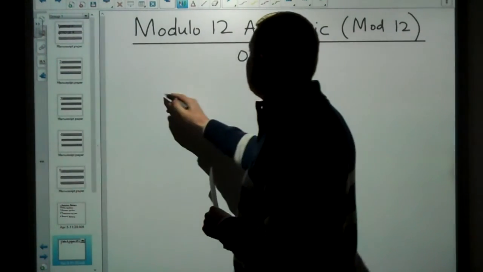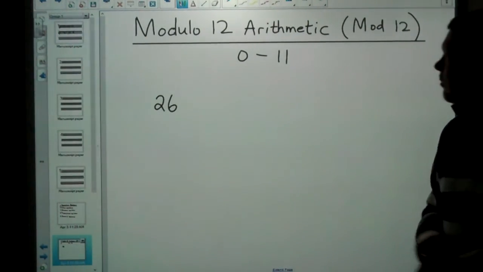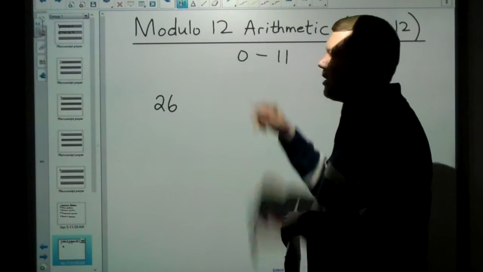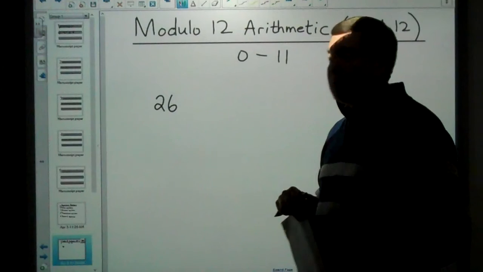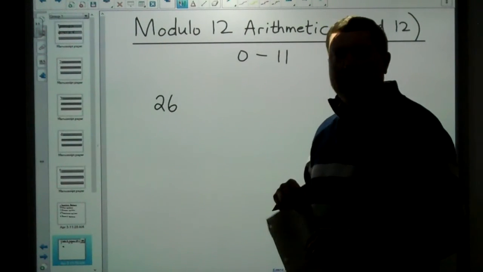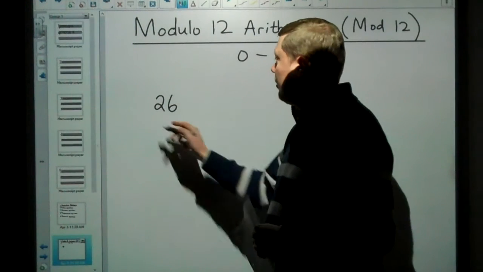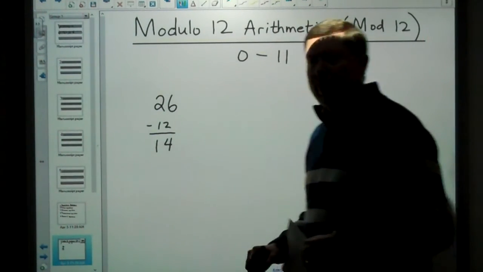For instance, if I gave you the integer 26, how would you reduce that into the range of 0 to 11? Well, 26 is larger than 11. It's too big. So what we do is subtract 12. 26 minus 12 is 14.